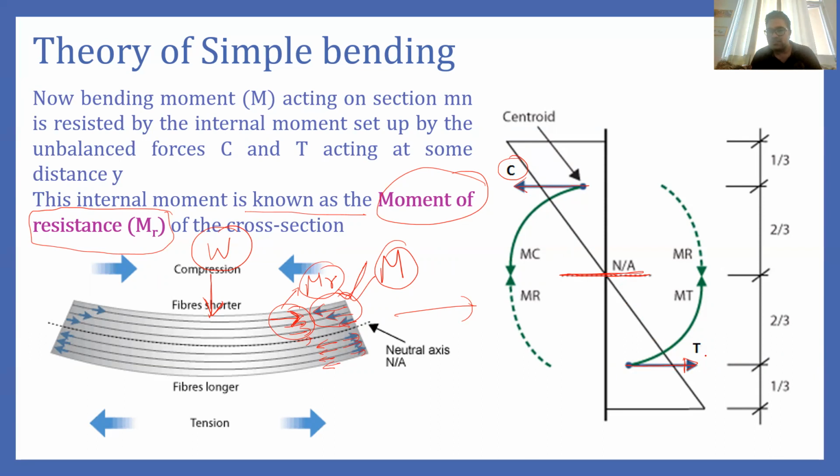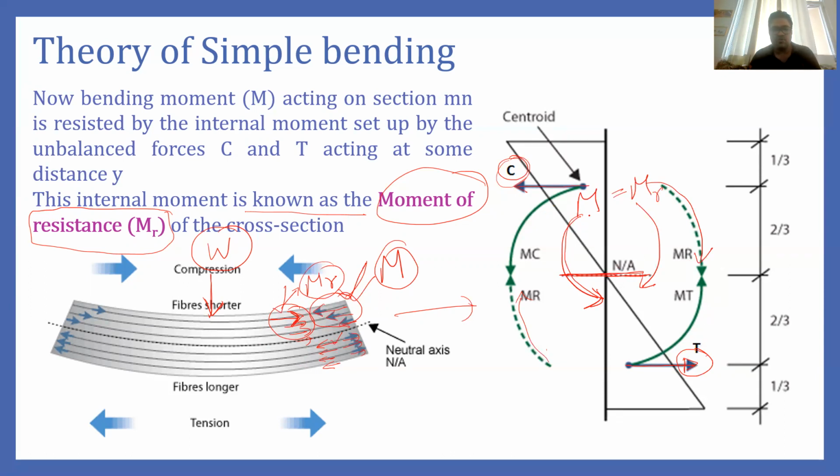As you see, this C and T are unlike parallel forces, and they are creating a couple. To resist this couple, we have the internal resistance, which will be in the form of a couple as well. So this couple is due to the external load and this couple is due to the internal resistance. This couple is M and this couple is MR, and both will be the same.